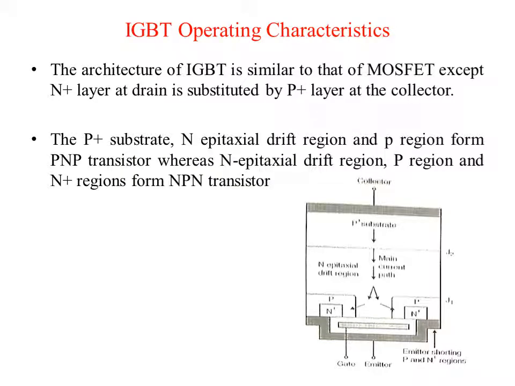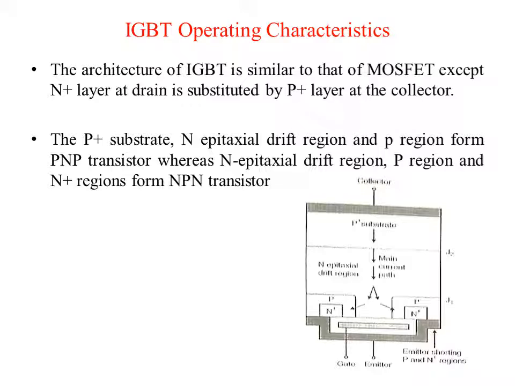P plus substrate, N epitaxial drift region and P region form a PNP transistor, whereas N epitaxial drift region, P region and N plus region form an NPN transistor.